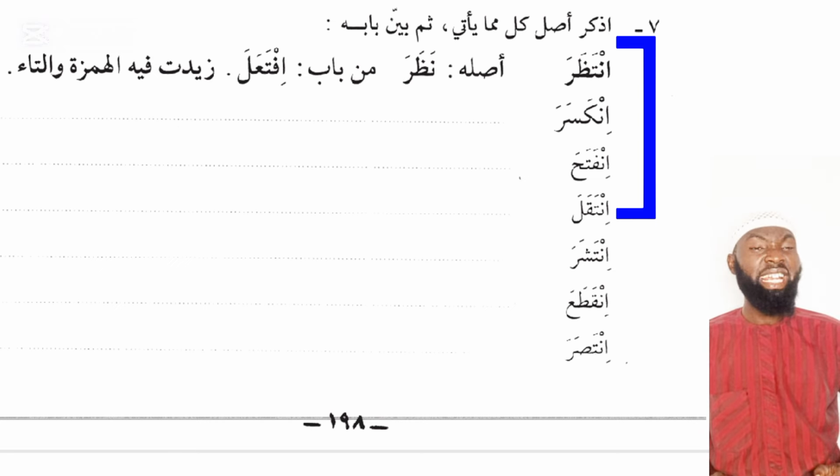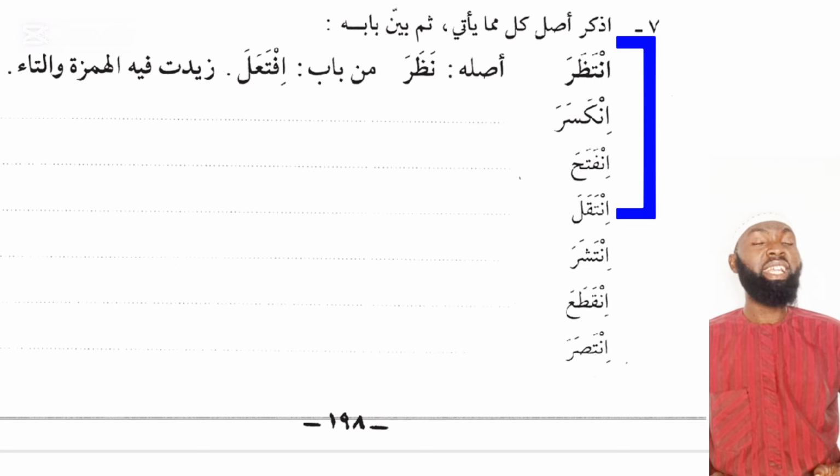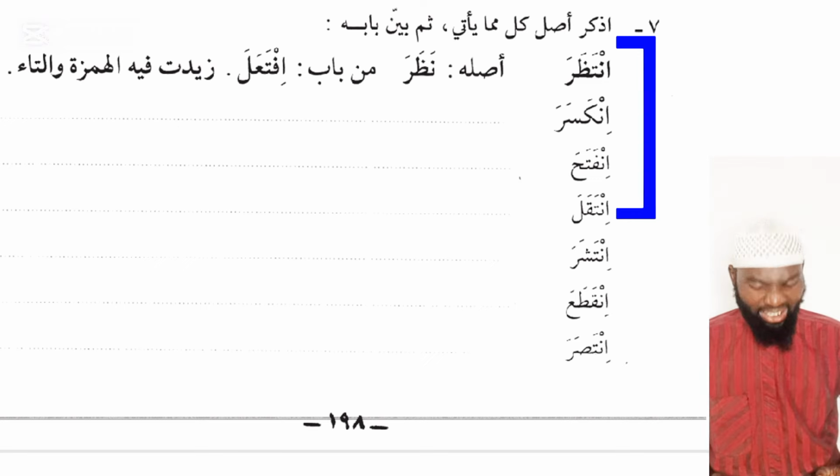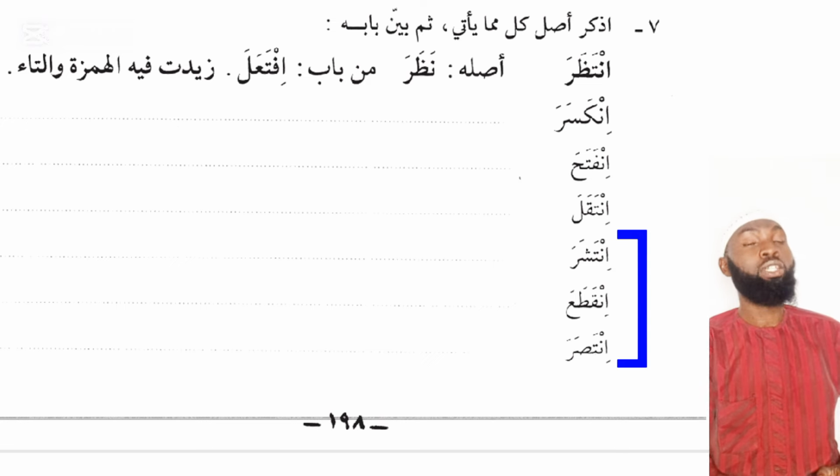Zidat min babi infa'ala. Zidat fihi hamzatun wa nun. We also have the word infataha. The origin is what? Fataha. Zidat fihi hamza wa nun. We have the next, intaqala. Origin is what? Naqala. Zidat fihi hamzatun wa ta. The next is intashara, from the word nashara. Zidat fihi hamzatun wa ta.